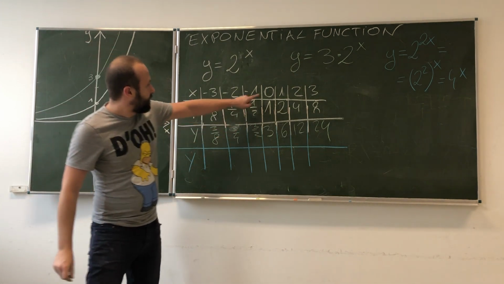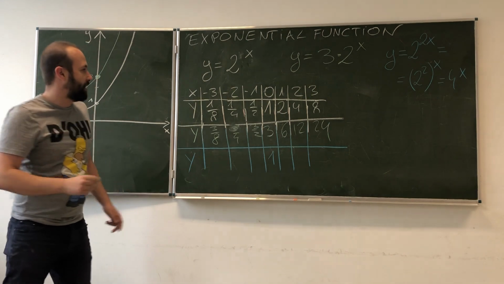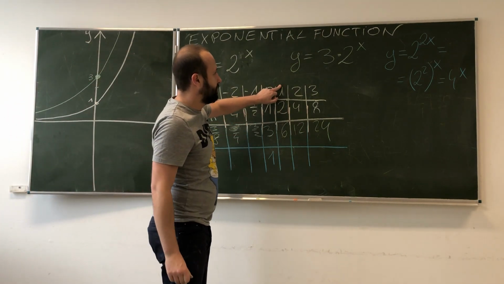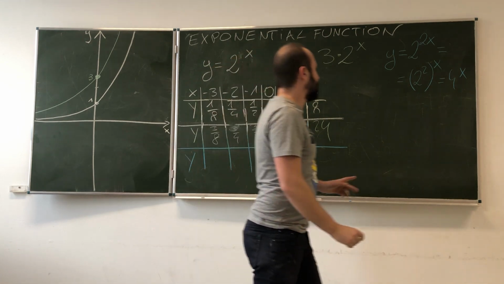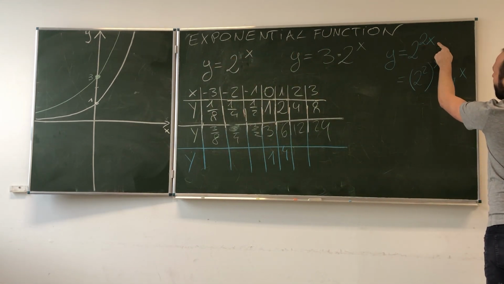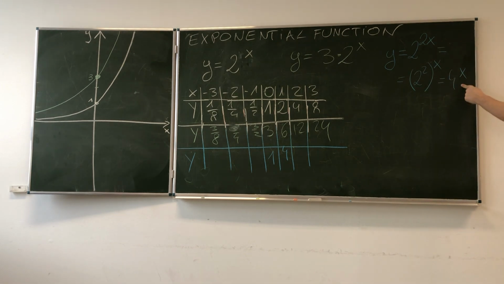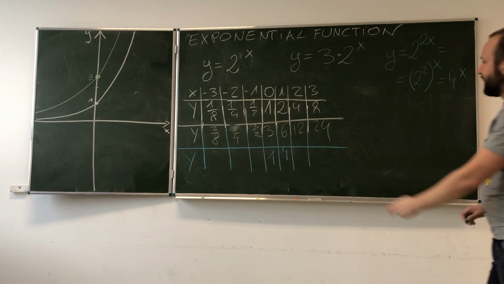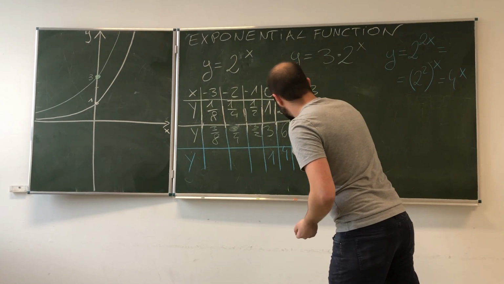Yeah? So, let's start with a table, as we usually do. And what do we have? When x is 0, it's still 1. But now, if x is 1, we get 4, right? Because if x is 1, we've got 2 to the power of 2, it's 4. Or 4 to the power of 1, which is 4. Again, here, 2, we will have 16.